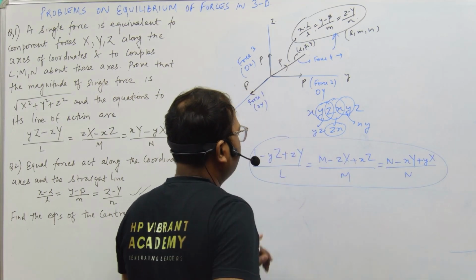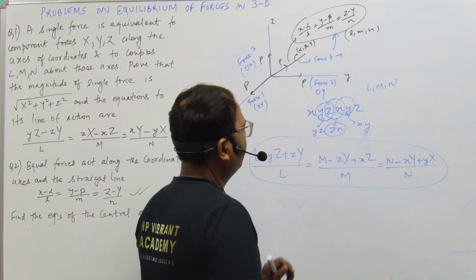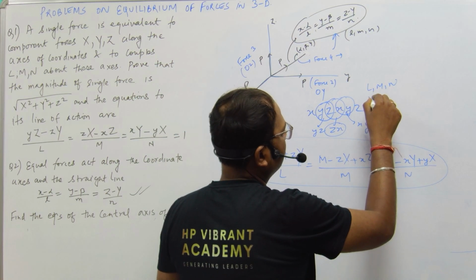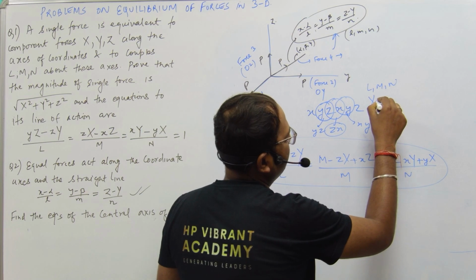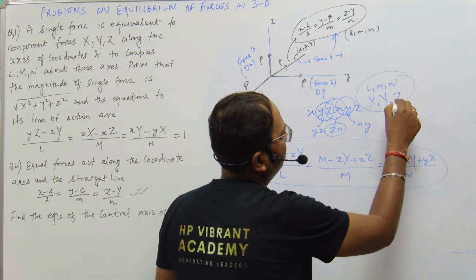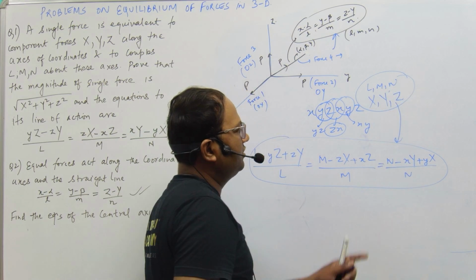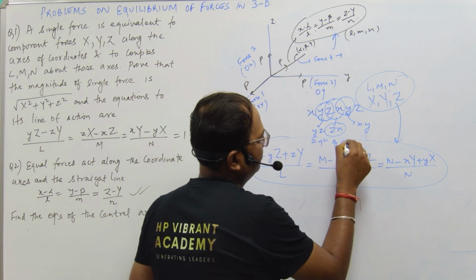Now we have to calculate the values of L, M and N, and we have to find the components of forces along OX, OY and OZ respectively. So these are capital X, capital Y and capital Z. After finding the values, we will put them in the equation of the central axis.